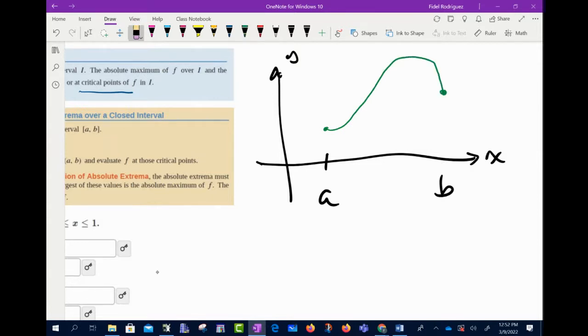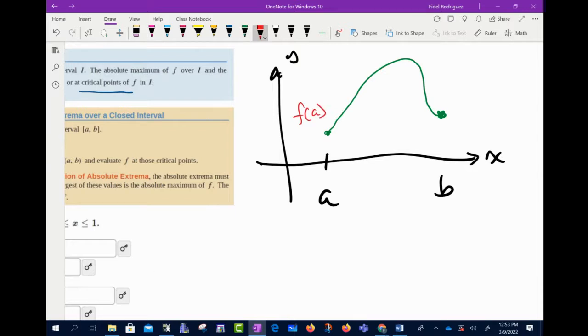Actually, I'm going to fix this a little bit. Yeah, that's good. Okay, so what I'm trying to point out here, y'all, is that we're talking about absolute maximum and absolute minimum. Just the way the graph is drawn.